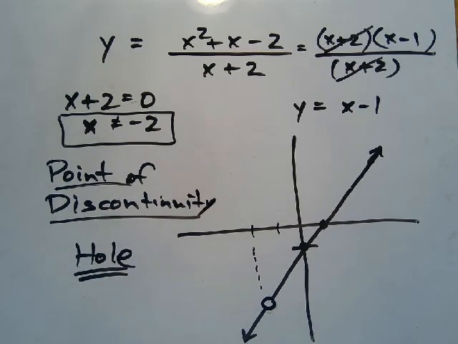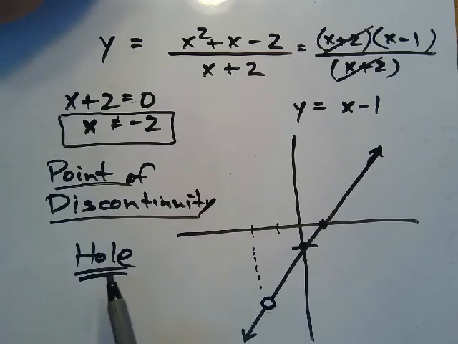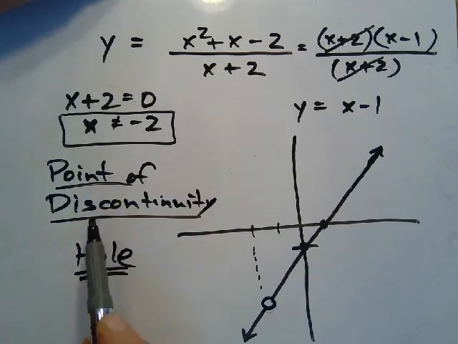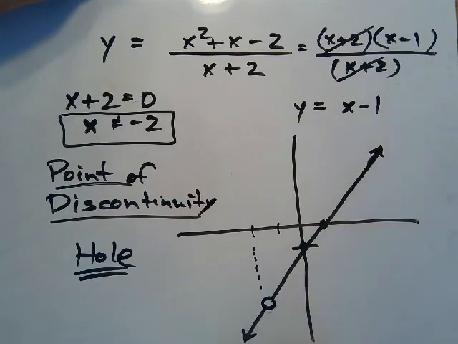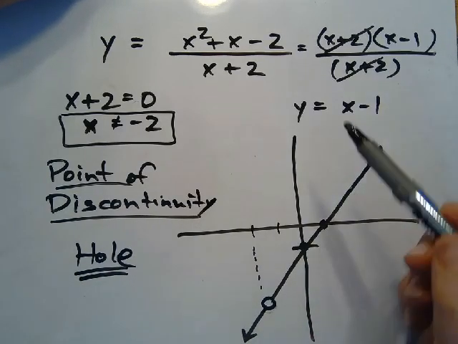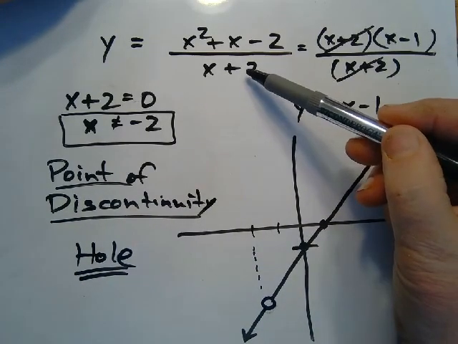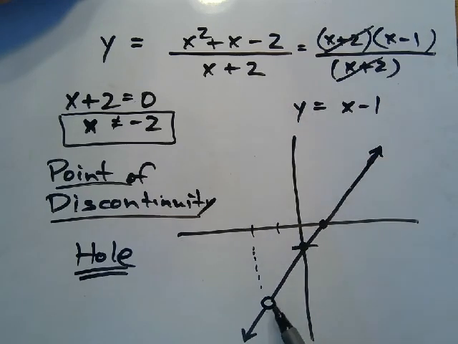I'm going to use the phrase hole, it's just less to talk about, but a hole is a point of discontinuity. In other words, this is a line, yes. However, because the denominator has an excluded value, I can't consider -2 as one of my possible answers as part of this graph. It's a point of discontinuity.